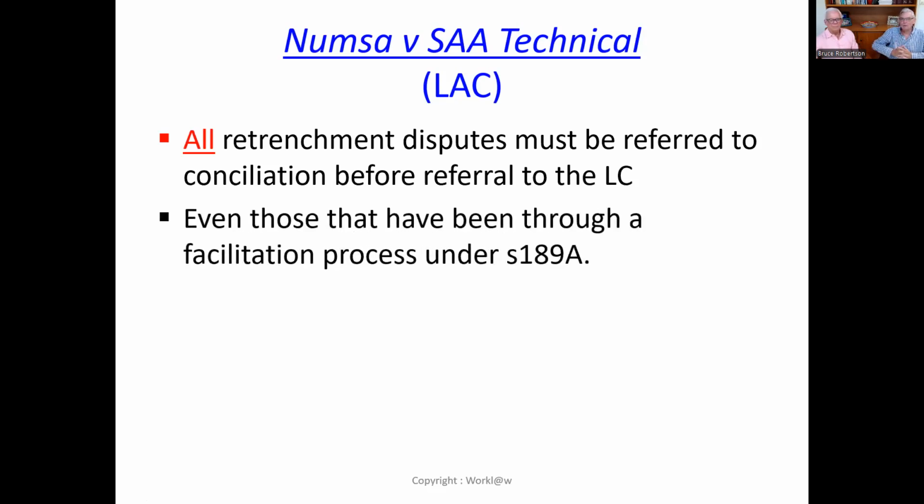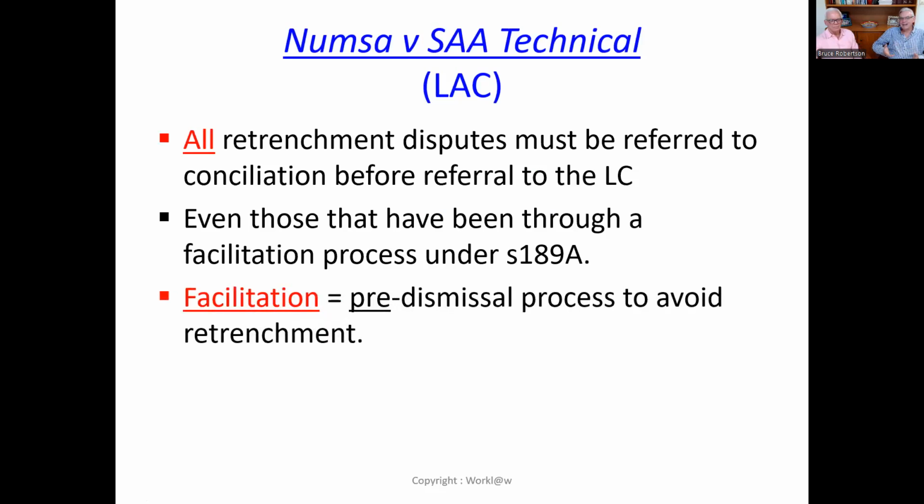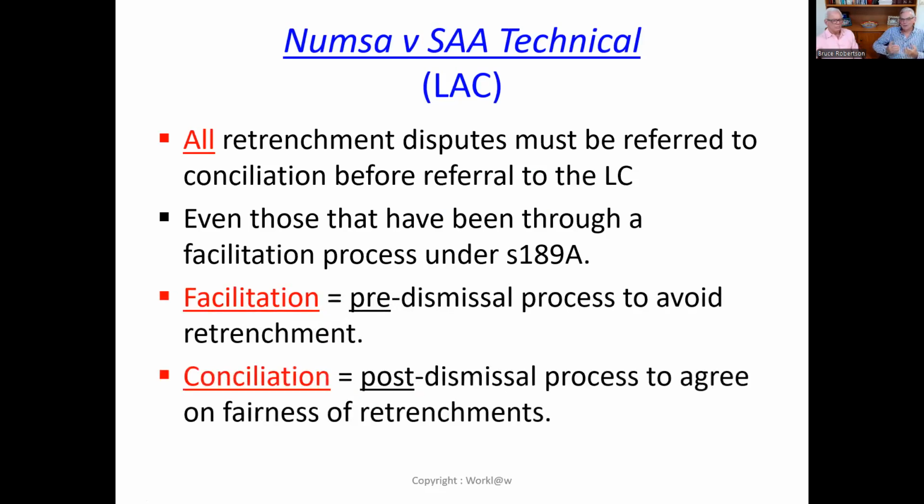So all retrenchment disputes must be referred to conciliation, and even those that have gone through a facilitation process. You know, I think we know that most employers who have got a Section 189A retrenchment on their hands are really wanting to speed things up, and this really slows things down again.